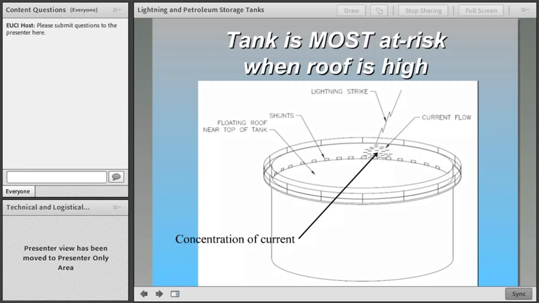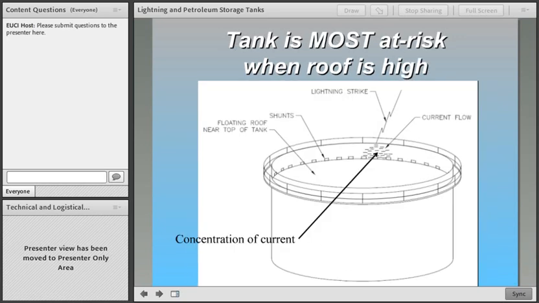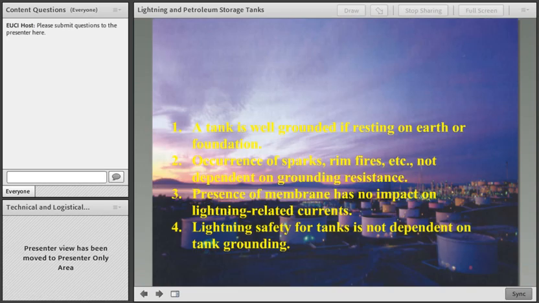Well, if the roof is high, the lightning current will be concentrated in a smaller area. If, conversely, the roof is low, then the lightning current has more time to spread out or disperse. And so there is a lower charge concentration when the roof is low. So actually, a tank is more at risk when the roof is high because of the greater charge concentration.